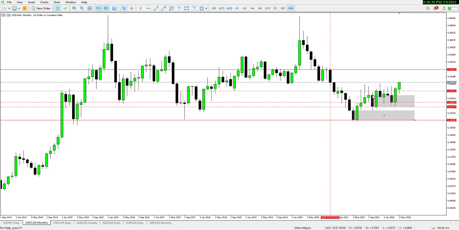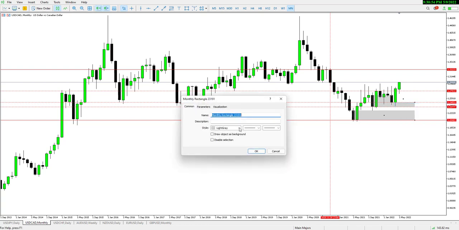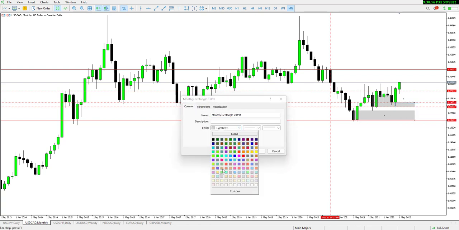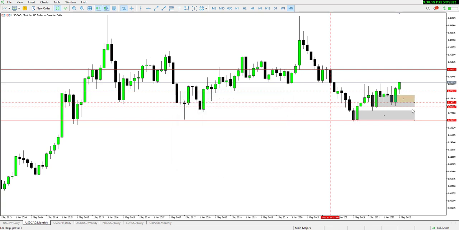You can clearly see price has been respecting it, and we've got this one also, the March close. The March close candle, let me give it a different color shade, right? So these are already the discount areas that are in control of price.